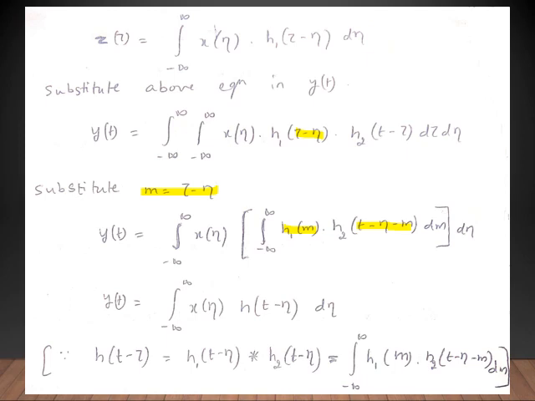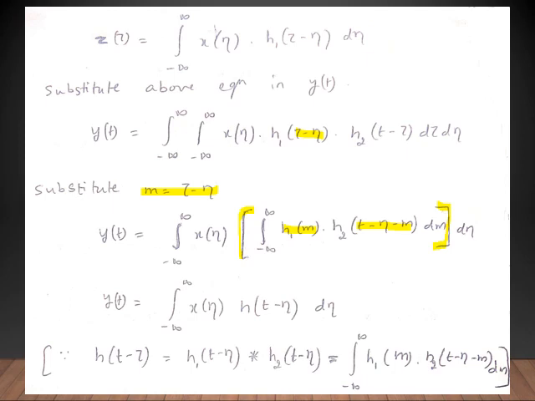So whatever we have written within the bracket looks like the convolution integral between h1 and h2. In general I cannot write it directly, but I'll represent it in terms of convolution, the new term h of t minus eta.